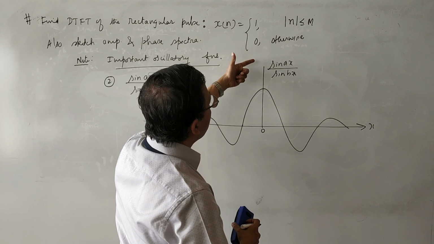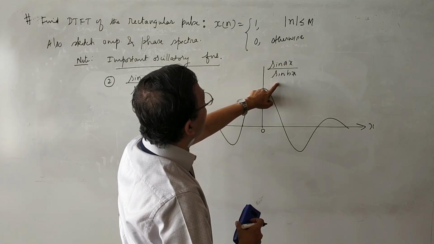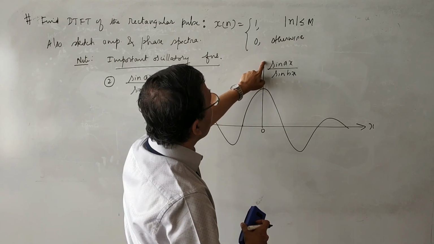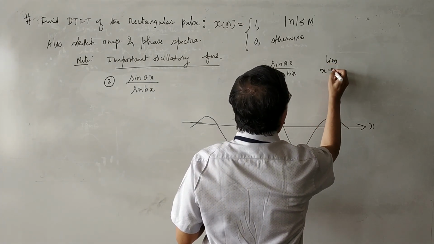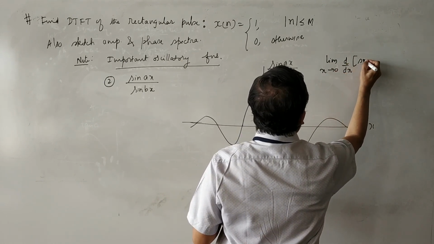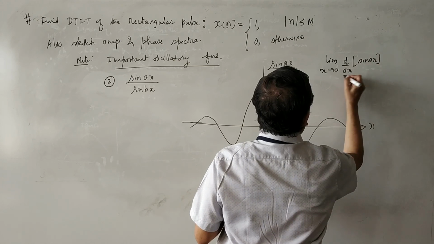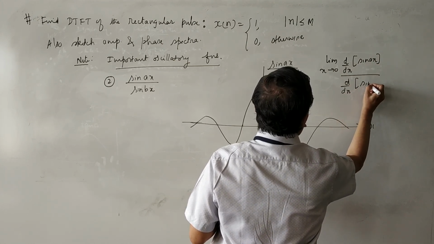When x equal to 0, differentiate numerator, differentiate denominator. What is L'Hospital's rule? Limit x tending to 0 of d by dx of sin ax divided by d by dx of sin bx.